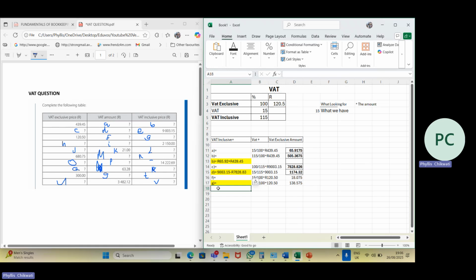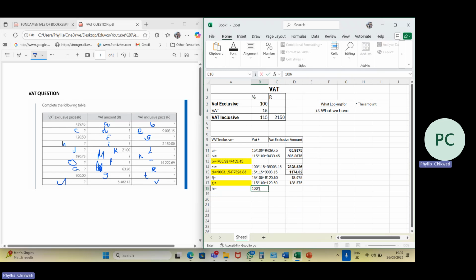Let's do H. With H, the same principle: we don't have the exclusive amount, but we do have the inclusive amount, which is 2150. So how do we calculate that? Remember, we don't have this, we don't have that. So let's start with our amount exclusive of VAT.